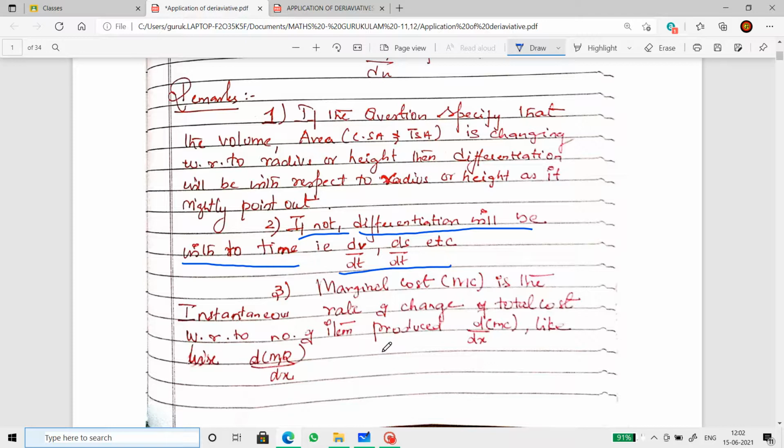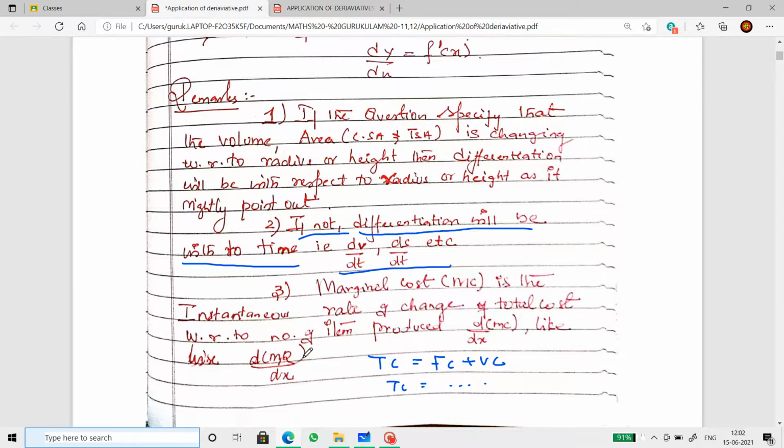When a total cost function is given, the total cost comprises fixed cost plus variable cost. Usually total cost is expressed in number of units, x. So you differentiate total cost with respect to x, and we get the marginal cost. Like that, differentiation of total revenue will give us the marginal revenue.